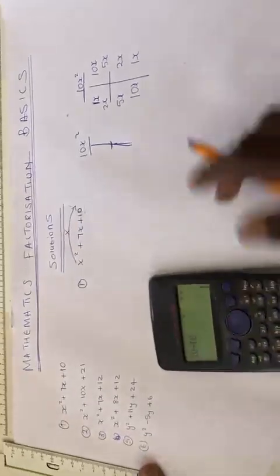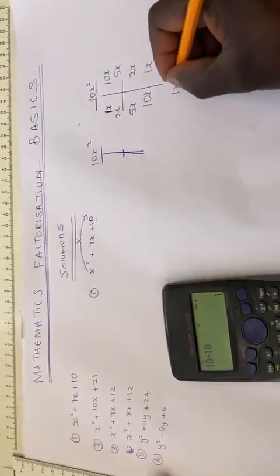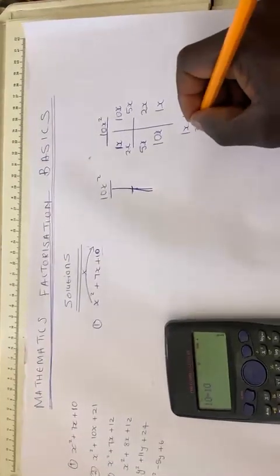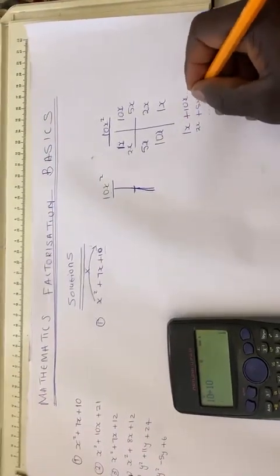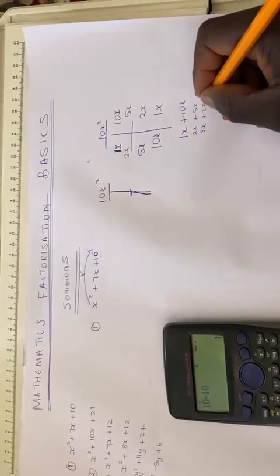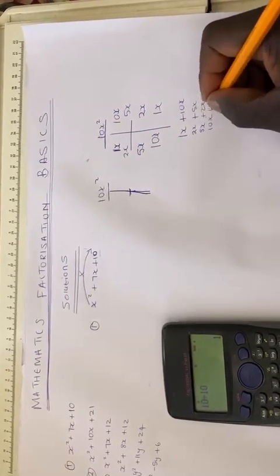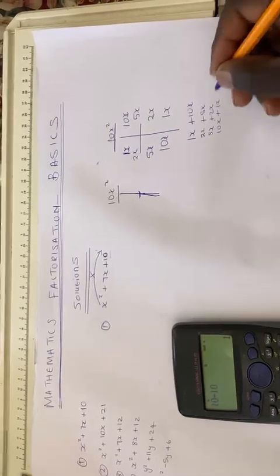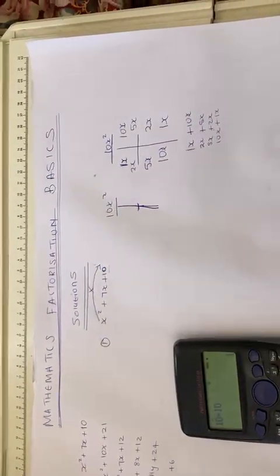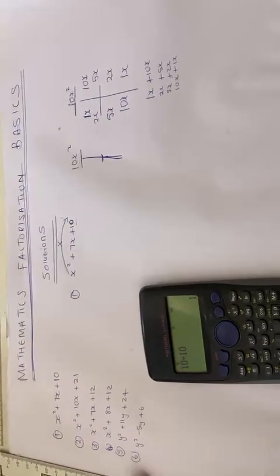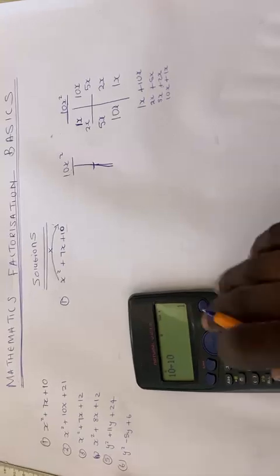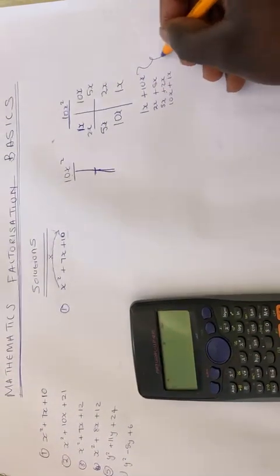So the only things with these numbers are 1x plus 10x for the first pair, 2x plus 5x for the second pair, 5x plus 2x, and 10x plus 1x. I'm doing it for those who don't understand. When I say x, they can't even know where it comes from. So anyway, here are the factors we have now.